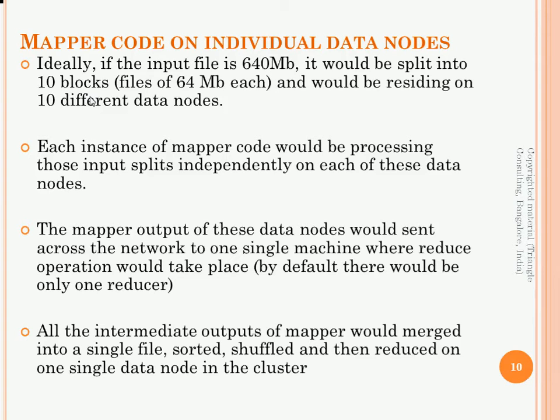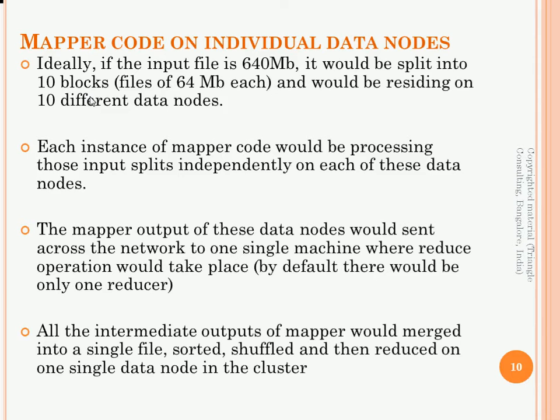Now, there would be one instance of mapper code which would be processing all of these input splits on each of the data nodes. When I say one instance of the mapper code, it's the mapper which you have programmed. You have written the program into the mapper and asking the mapper to do something. So this mapper would be running on each of these 10 different data nodes containing these input splits. They would be running independently.